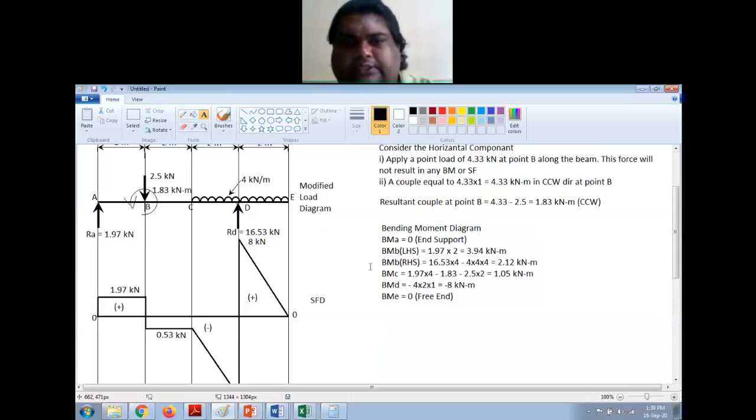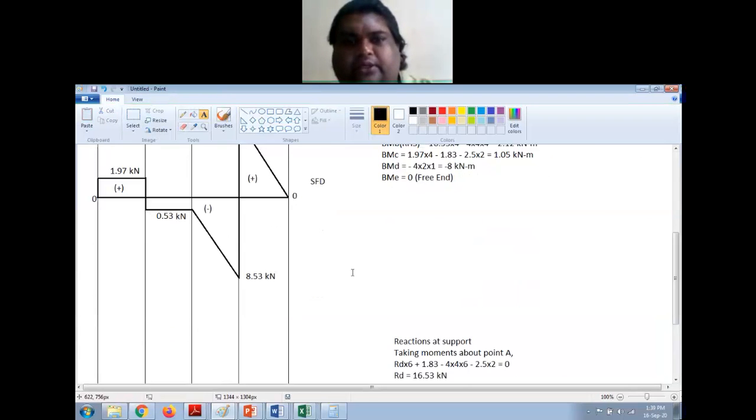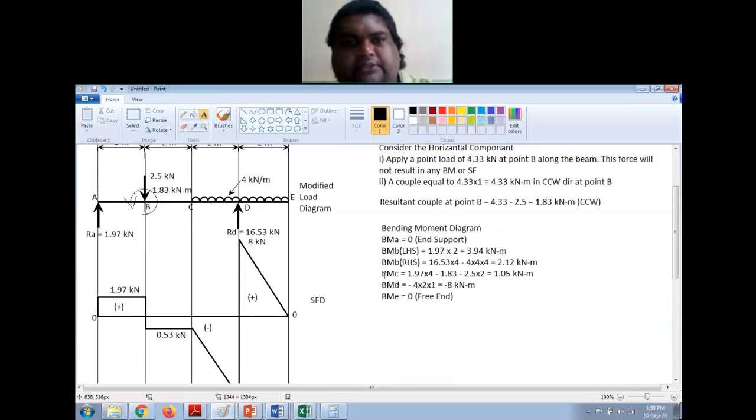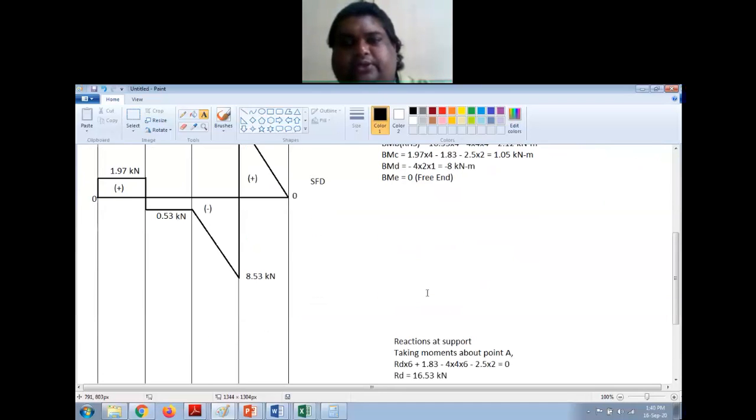Now with this data I have to draw the bending moment. Now if you see between C and D, the value is changing from 1.05 to minus 8, right? So that means you will have a point of contraflexure in this particular numerical.